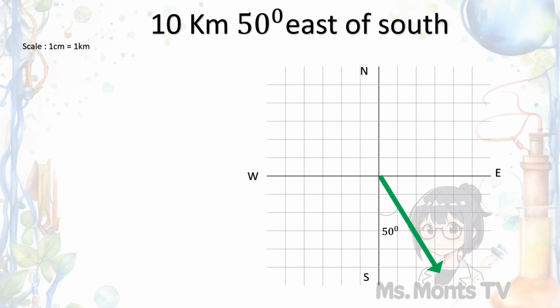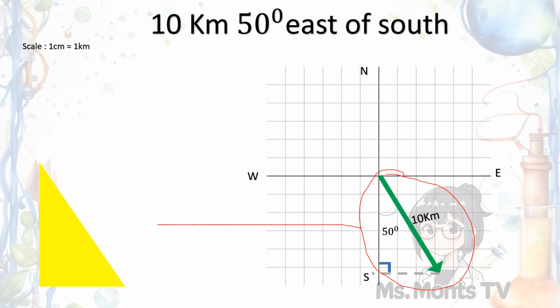So this time, you can make the line to make it a right triangle here. That is the right triangle. We copy it only. This whole right triangle is the same as that right triangle.